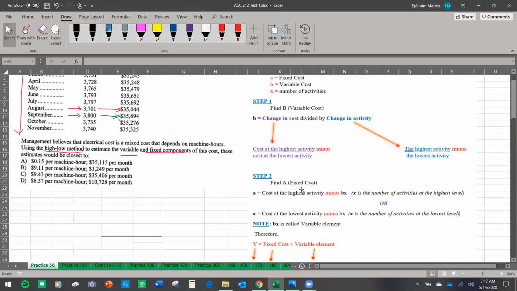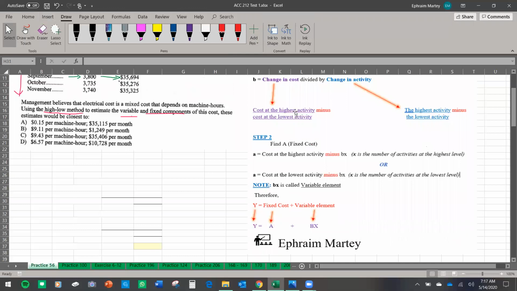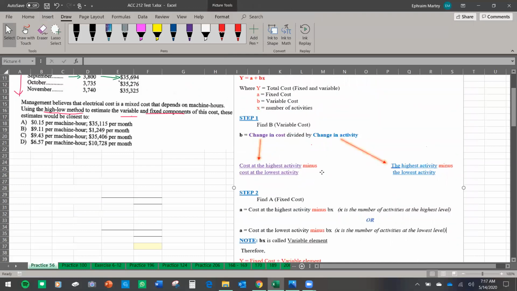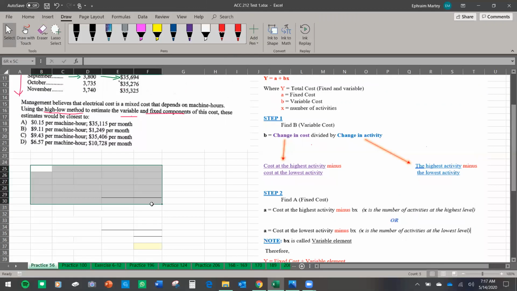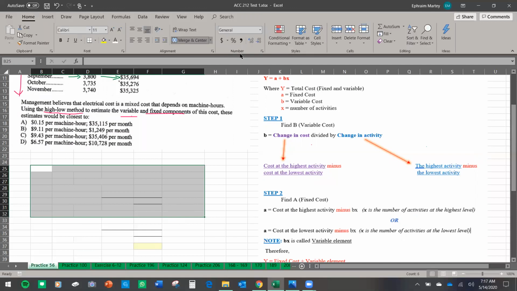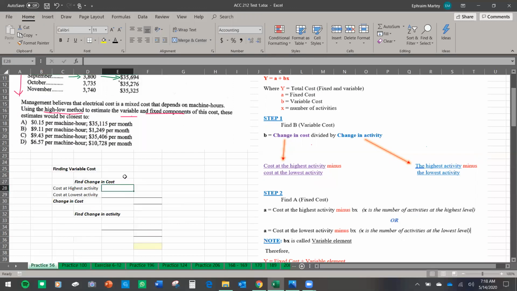We need to find the change in cost, which is the cost at the highest activity minus the cost at the lowest activity. For time's sake, so we don't spend too much time on this, I have already put in the formatting. So what is the cost at the highest activity?